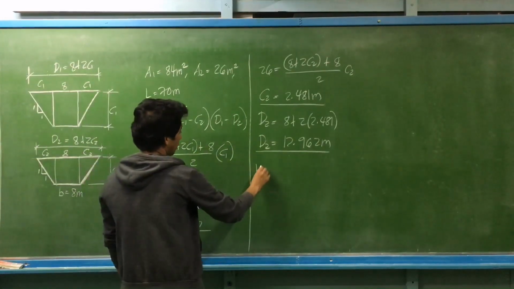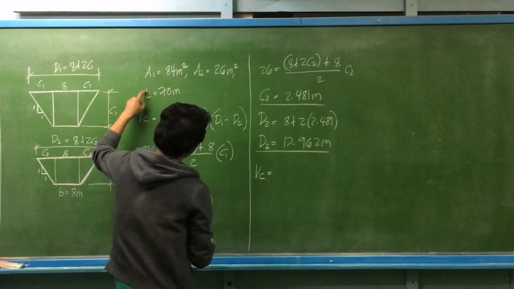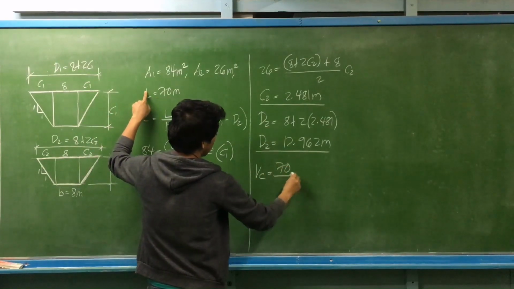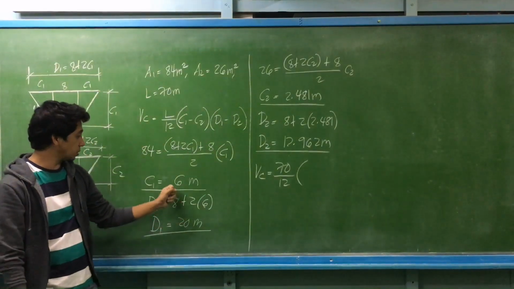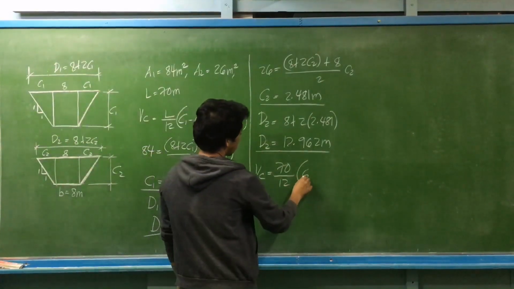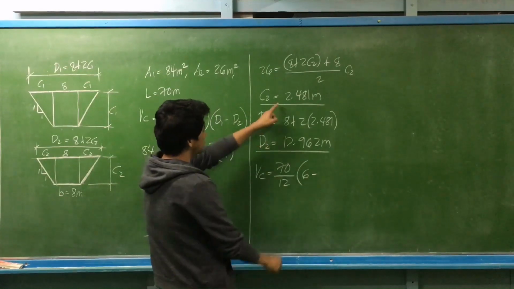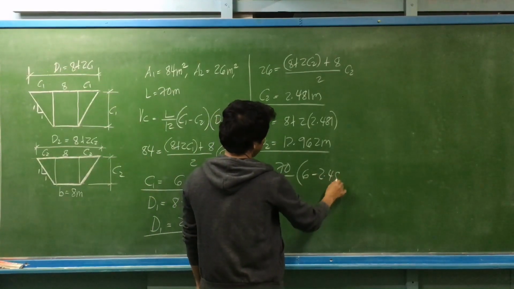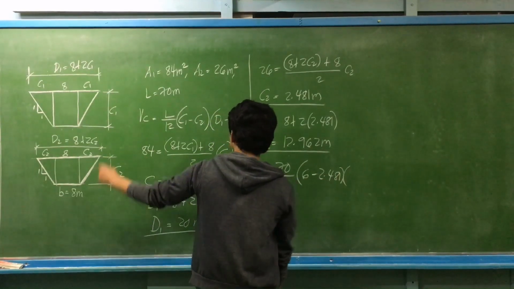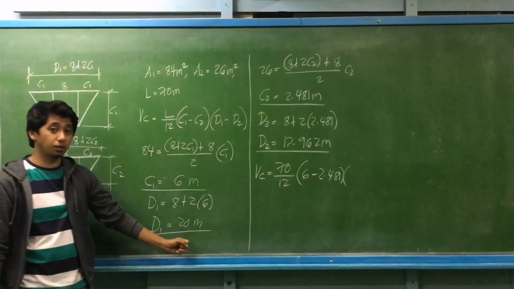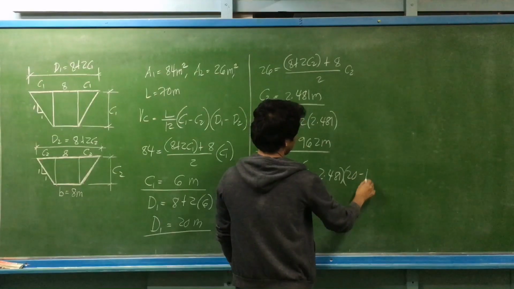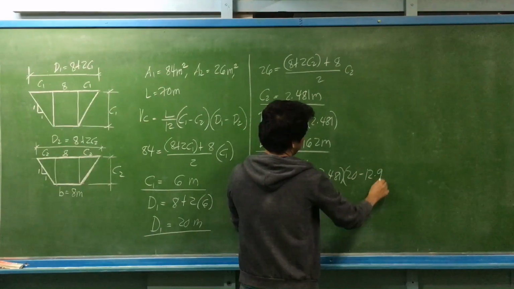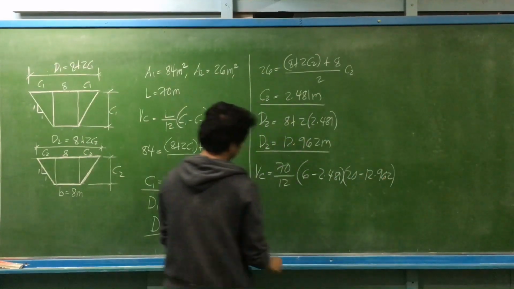So let us determine the volume correction. So we have the volume correction B sub C is equal to L, that is 70 divided by 12. What is our C1? So C1 is equal to 6, minus C sub 2, we have 2.481, multiplied by D1. Our D1 is equal to 20 meters, minus 12.962, D sub 2.